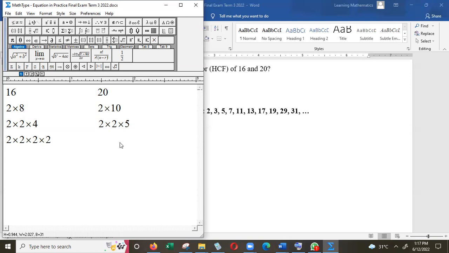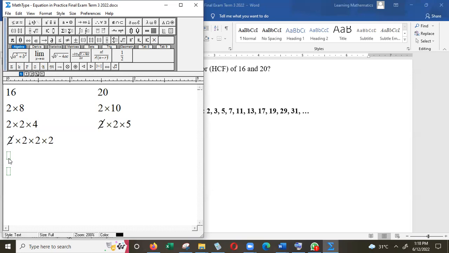So what we want now is the highest common factor. So we have to look at what is common in 16 and 20, the highest of it. So there's a 2, and another 2. The 2s are common. So 2, 2 is common.